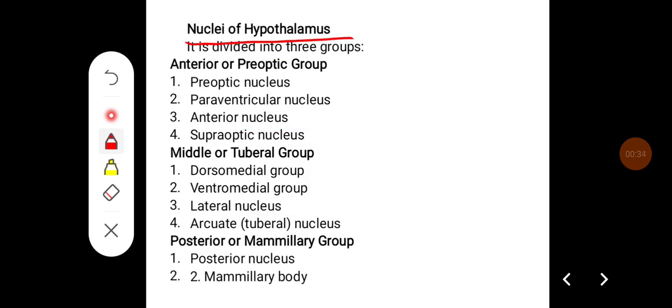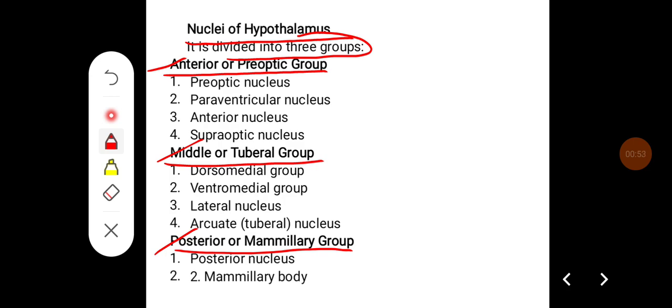There are different groups of nuclei in the hypothalamus, and they are divided into three important groups, that is anterior, middle, and posterior. Anterior or preoptic, middle or tuberal, posterior or mammillary group. Again, these groups consist of several nuclei.